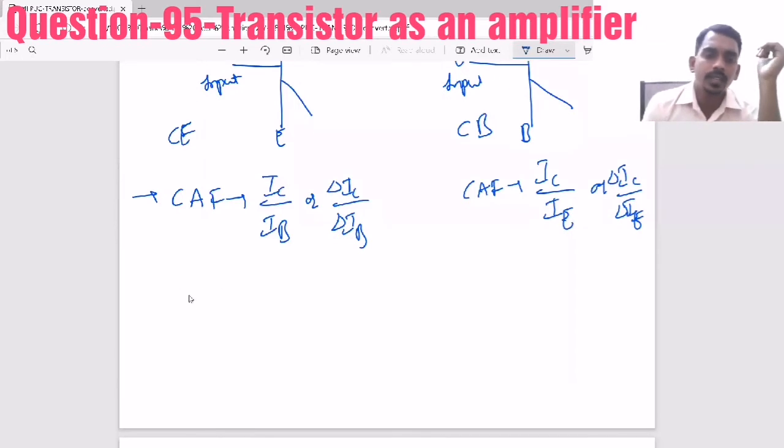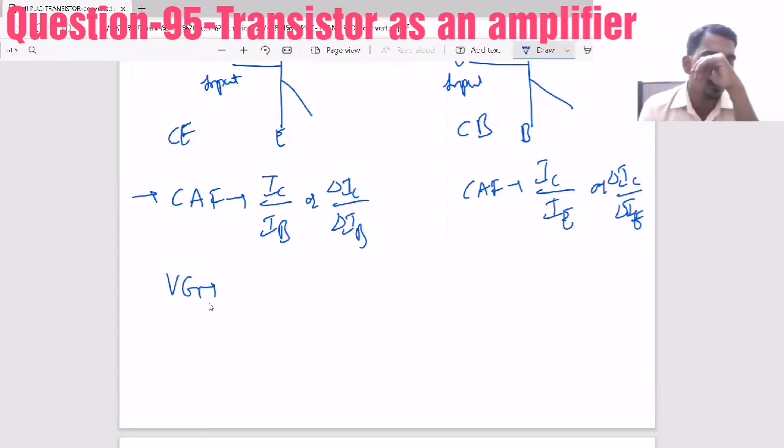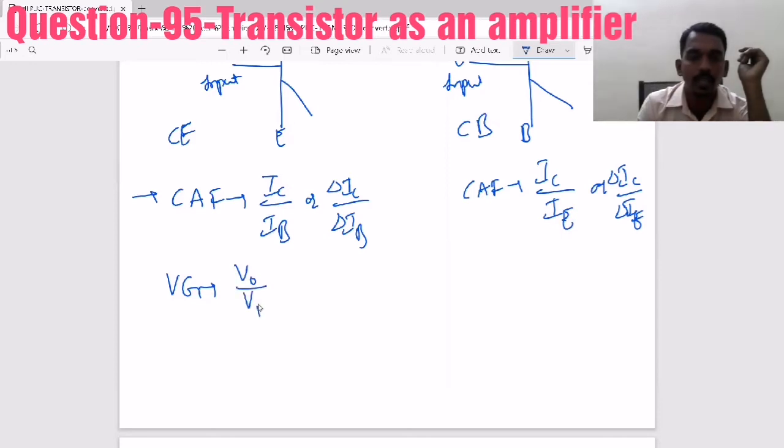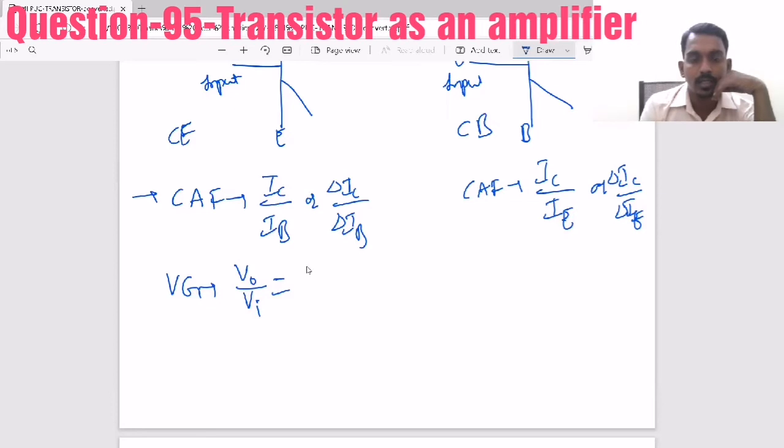Similarly, we can also find the voltage gain. Voltage gain means output voltage by input voltage. Output voltage is output current into output resistance, and input voltage is input current into input resistance.